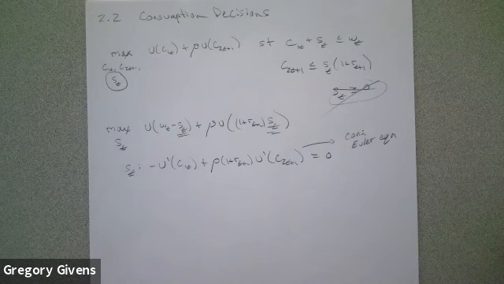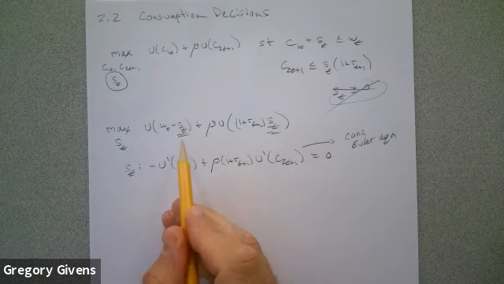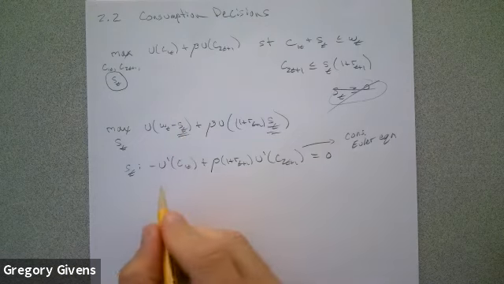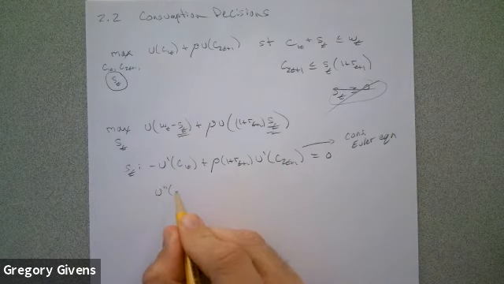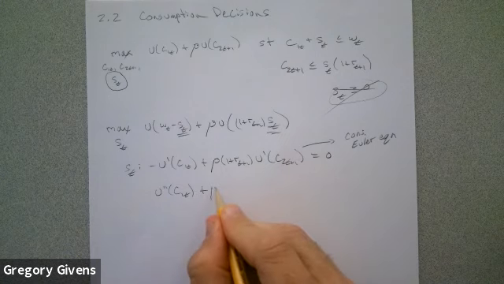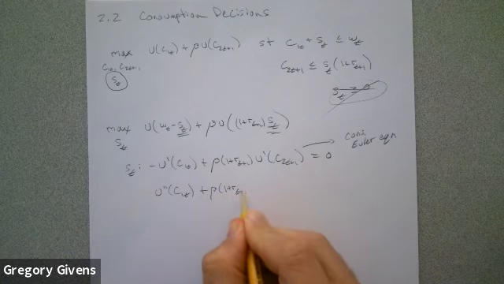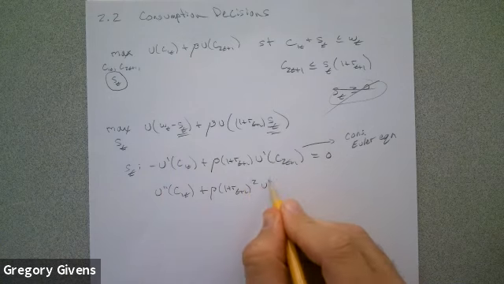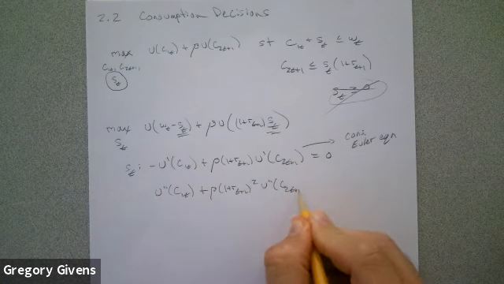Okay, we need to verify that we're in fact dealing with a maximization problem rather than a minimization one. So what does the second order condition look like? You have to take the derivative of the first order condition again with respect to S, right? C1 is W minus S, so you're going to have another negative there in your chain rule argument. So it'd be U double prime of C1,t plus beta times (1 plus r_{t+1}) squared times U double prime of C2,t+1.